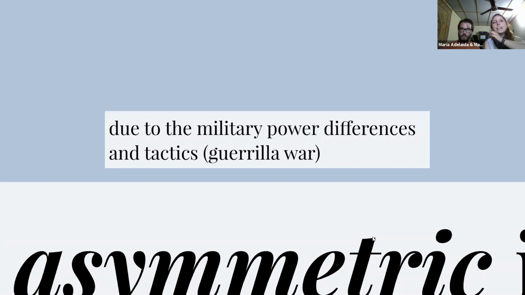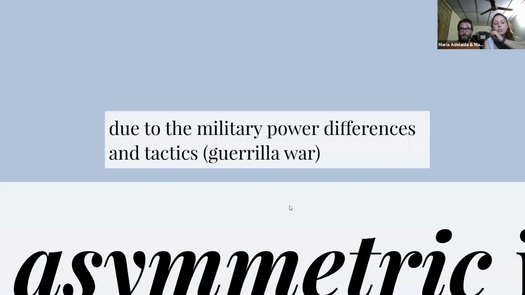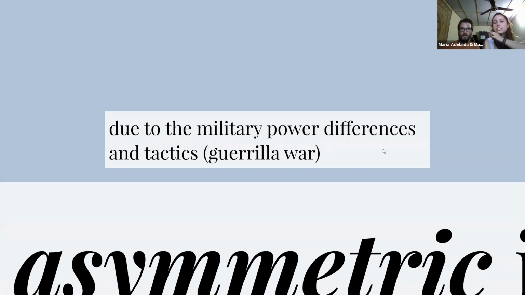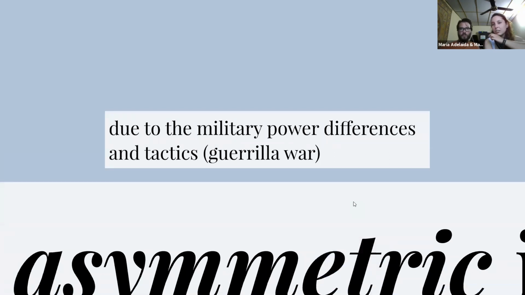So basically the tactics, the strategy and the logic of war change between the state and the armed groups. The state has a lot of information on how guerrillas are located, but most of the time it can't fight them because of guerrilla war, which means that you strike, you fight against the government, and then you run away.